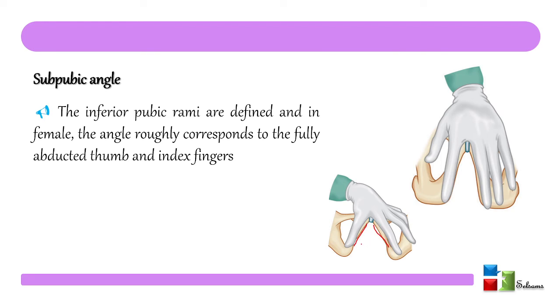You have to check the distance between both by keeping your thumb and index finger. It will be around 80 to 85 degrees, but this is narrow. It will be less than 50 to 55 degrees. So this means the pelvis is very small, but here it is adequate.